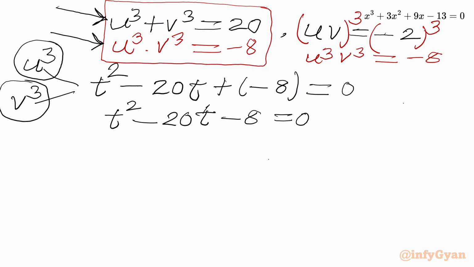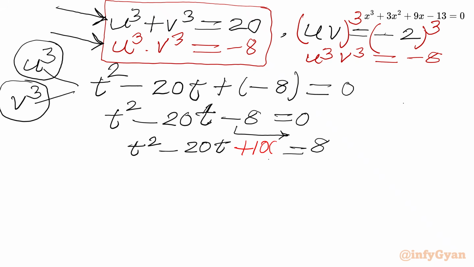I will solve this quadratic equation with the help of the completing the square method. So I need to take this minus 8 to the right hand side. I will write t square minus 20t equal to plus 8. The coefficient of t is minus 20, half of minus 20 is minus 10, the square of minus 10 is 100.